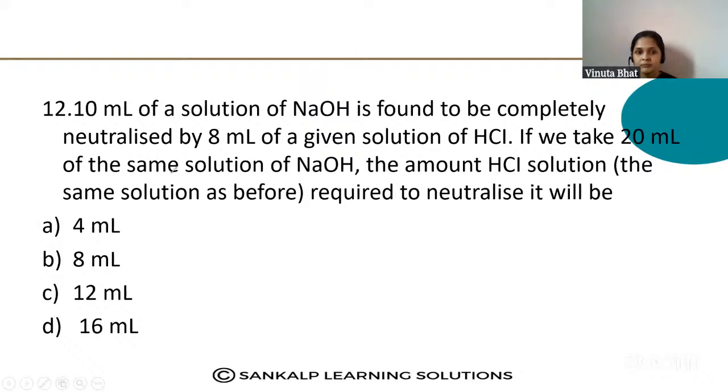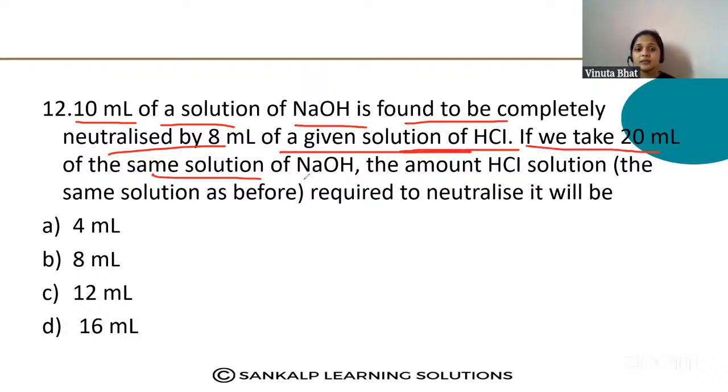10 ml of solution of NaOH is found to be completely neutralized by 8 ml of given solution of HCl. If we take 20 ml of the same solution of NaOH, the amount of HCl solution, the same solution as before, required to neutralize it will be?